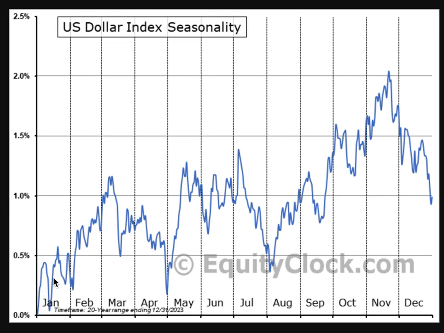So you'd want to avoid times like this. When dollar index and British pound futures seasonalities are moving in the same direction, I would say short-term trade like scalp, or just choose another asset class or another Forex pair during this time.